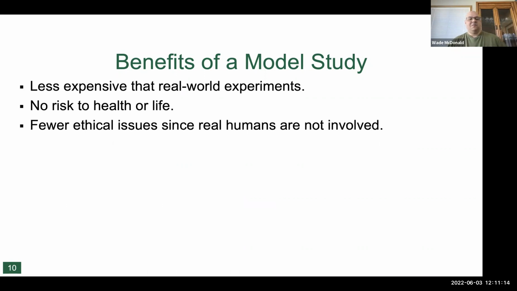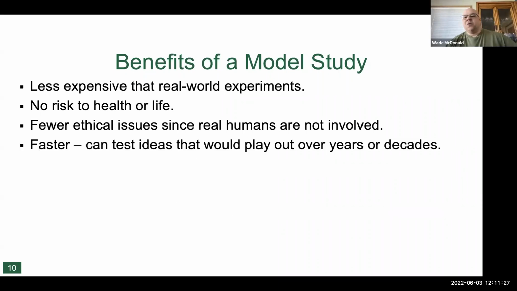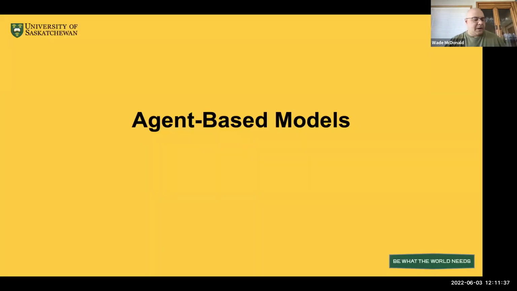And again, because the people in the model aren't real, there are fewer ethical issues because we're not doing work with real human beings. It's faster. We can test ideas in a simulation model in a matter of minutes or hours that would play out over years or decades in real life.